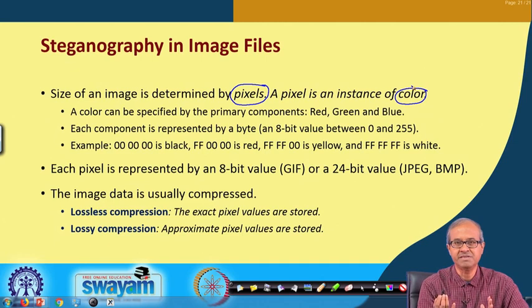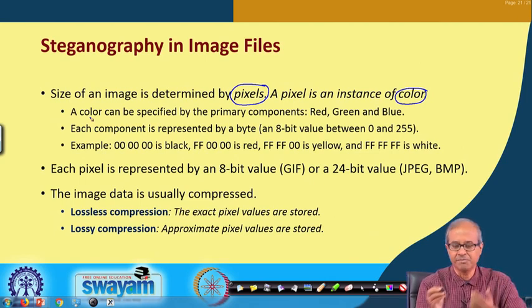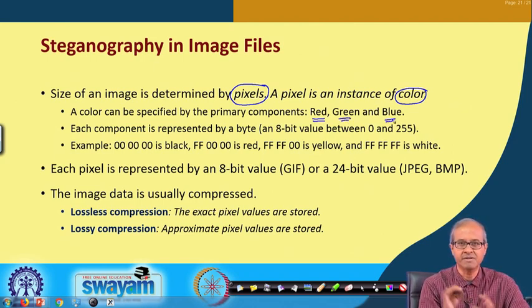That is how an image is formed, and a color is typically specified by some combination of the fundamental colors red, green, blue. You know, these three are fundamental colors, RGB, a combination of red, green and blue. Typically, each of these red, green and blue can be represented in 8 bits or a byte.